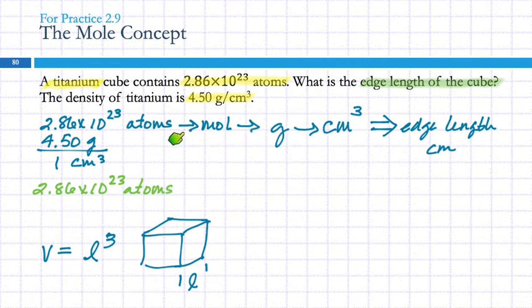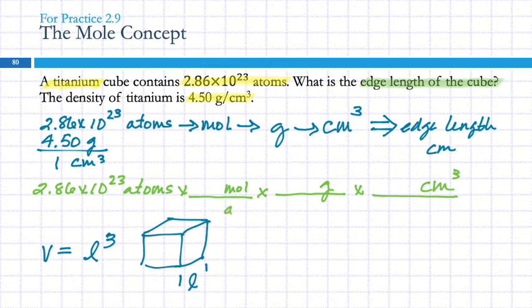In this part, I have 1, 2, 3 arrows, 3 conversion factors: atoms to moles to grams to cubic centimeters. There's Dora hopping along with her backpack. I'm going to put atoms down here, so those cancel out, and moles down here, so those cancel out, and grams down here, so those cancel out.